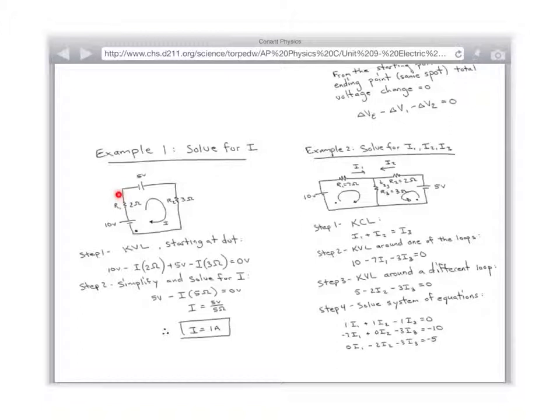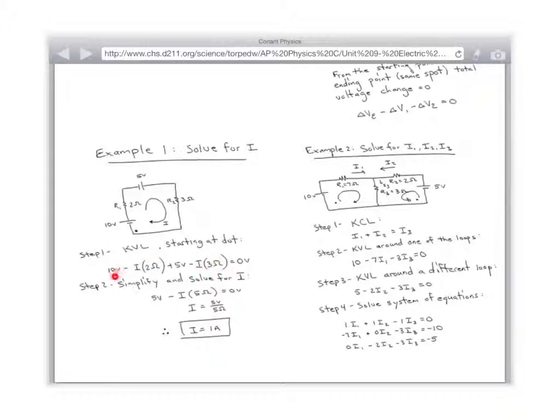Drop. Okay, so it would be plus 10 volts minus IR1 plus 5 volts minus IR2 equals 0. You got it? So the equation looks like this: 10 volts minus I times 2 ohms plus 5 volts minus I times 3 ohms equals 0.